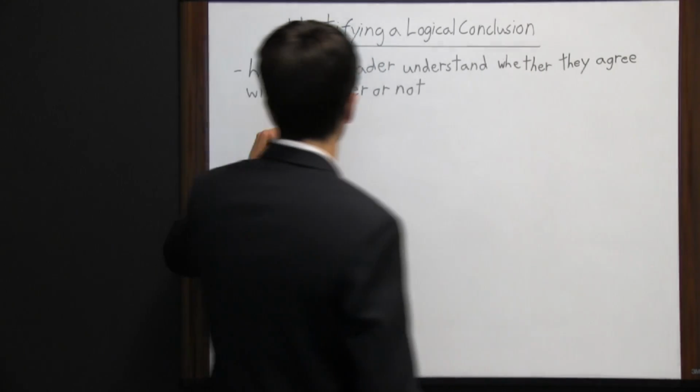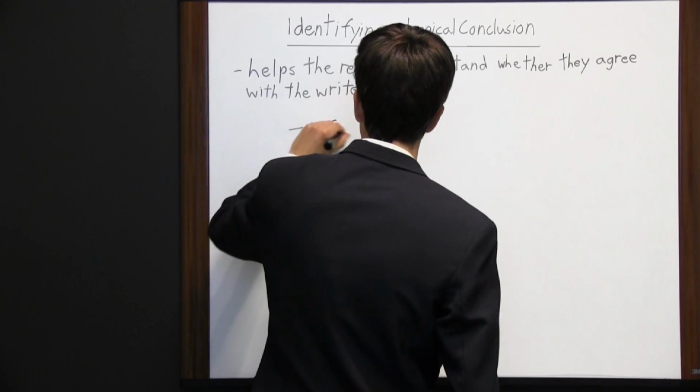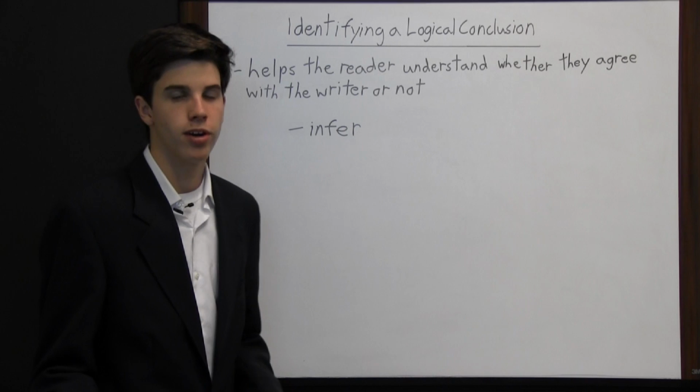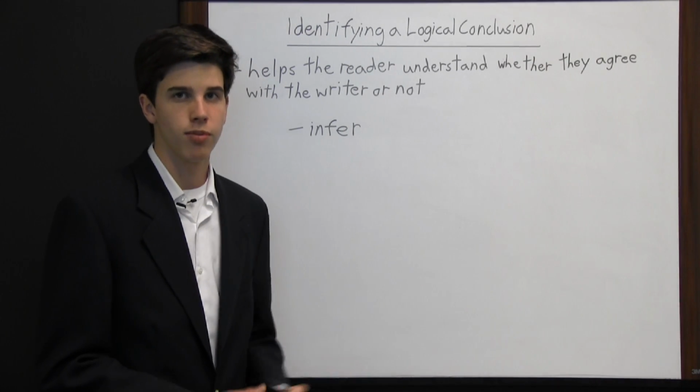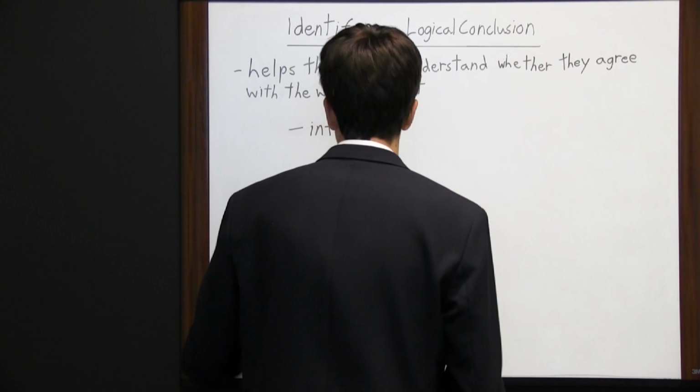So you're going to need to infer a lot, or make an inference. And to infer something just means to take what you already know and combine it with something else to draw a conclusion. So it's pretty self-explanatory.